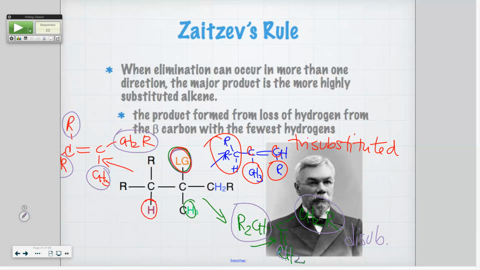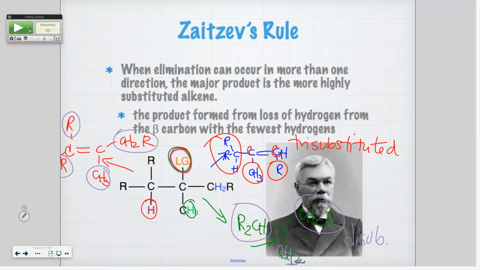You look at this carbon, and it has 2 hydrogens. Why does that matter? Because if it has more R groups on it, it's more highly substituted and it's more stable. And that's why the reaction favors that. They figured it out by running reactions and figuring out what was major.